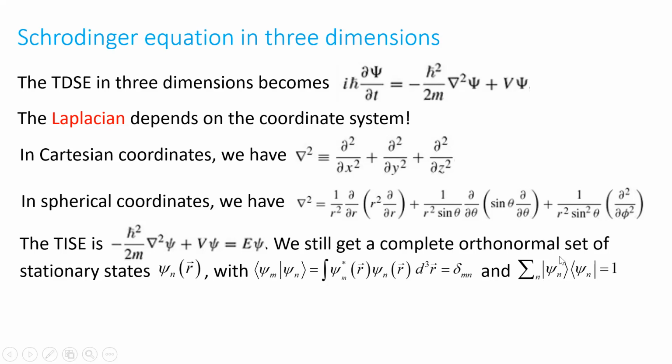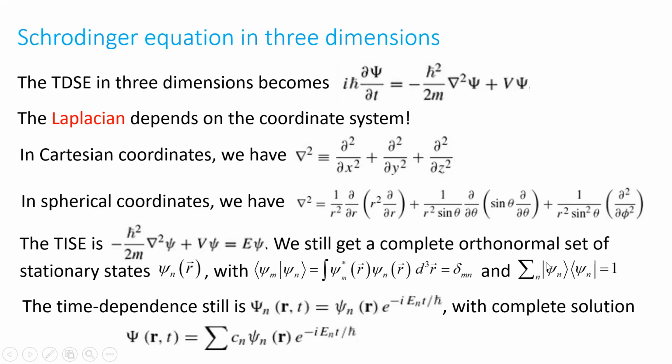So that expresses the completeness, that this is a complete set, and any function can be expressed as a superposition, a combination of all of these stationary states. So the time dependence doesn't really change.